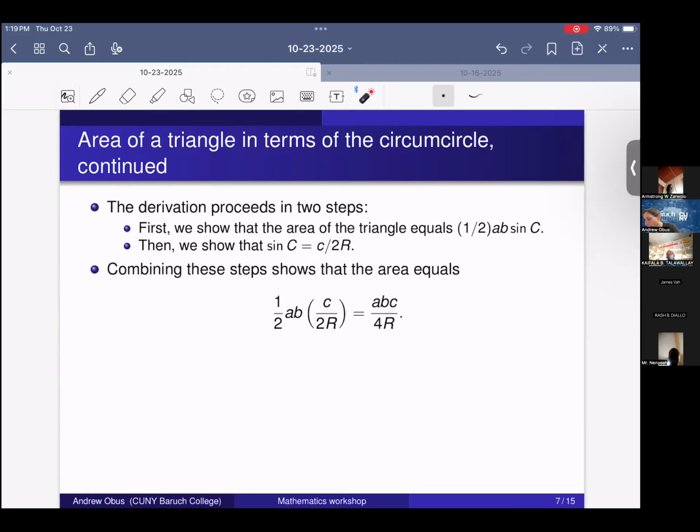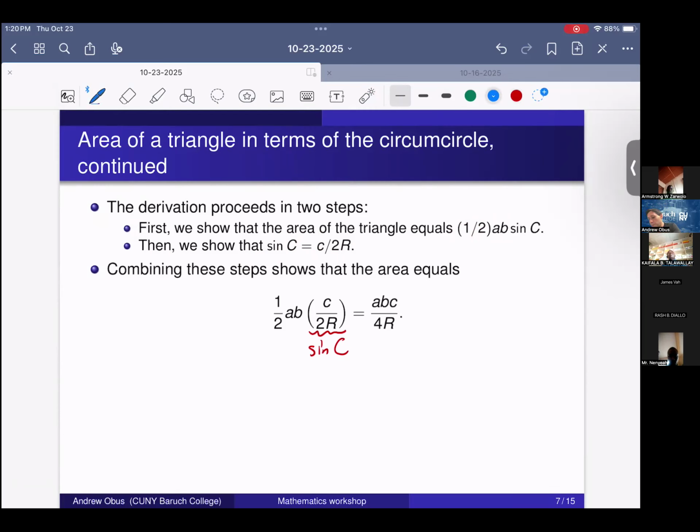Then if you combine these 2 steps, the area is 1/2 AB sine C, but you replace sine C with C over 2R, and you get 1/2 AB times C over 2R, which simplifies to ABC over 4R.